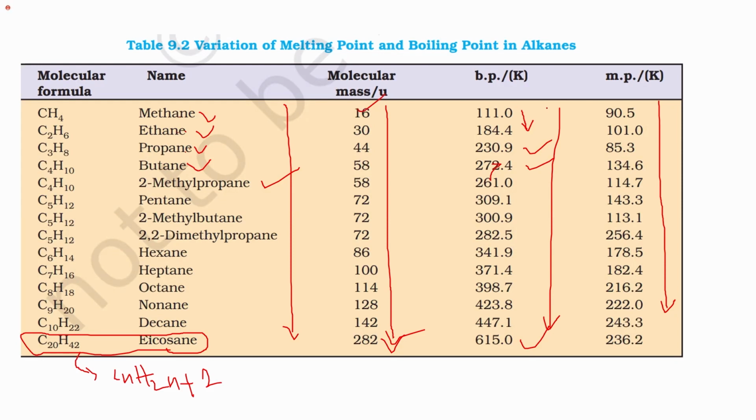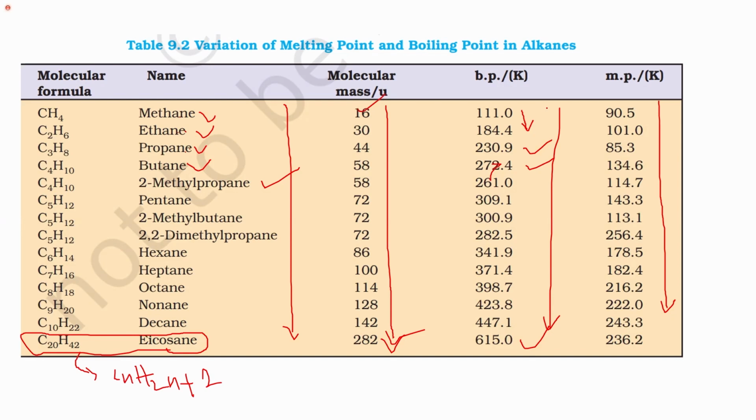Boiling point happens for a liquid compound, and melting point for a solid compound. The temperature at which the liquid compound evaporates, or goes to its vapor state, is the boiling point.